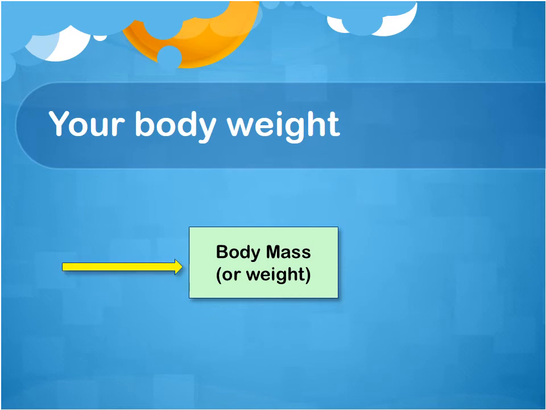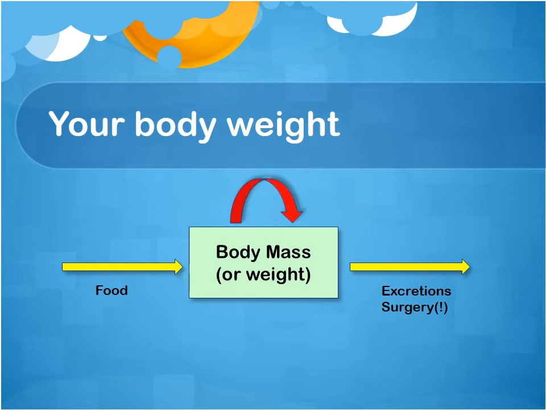It will be influenced by inputs, like food, and outputs like excretions or surgery. I don't know if you do a liposuction or something, or whatever it is. A little bit crass example, but there also will be these inputs and outputs that are dependent on your body mass, like your exercise or your diet.